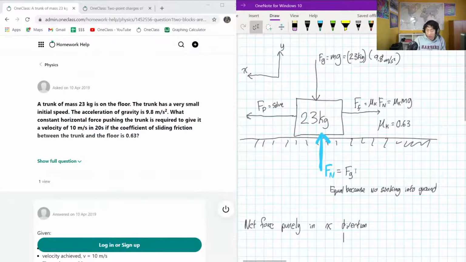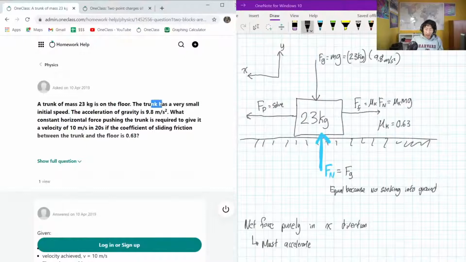Okay, and our force must accelerate from, okay, so notice how it says has a very small initial speed. We're going to treat that as 0. Now, the reason why it's not saying the trunk starts at rest is because then we would have a coefficient of static friction.